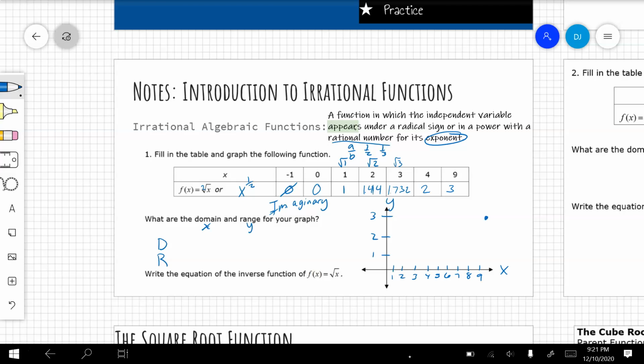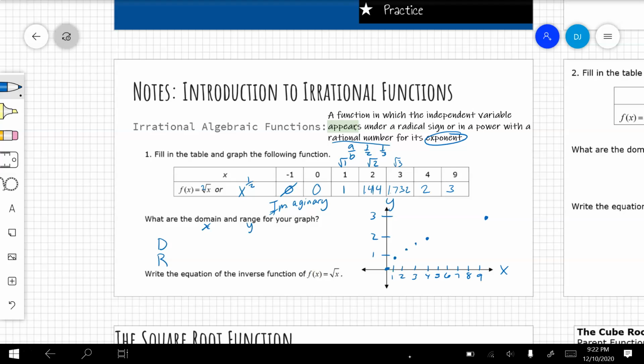And then I'm going to just work backwards this time. 4, 2. 3, 1.7, so halfway but a little bit higher. 2, 1.4, halfway but a little bit lower. 1, 1, and then 0, 0.